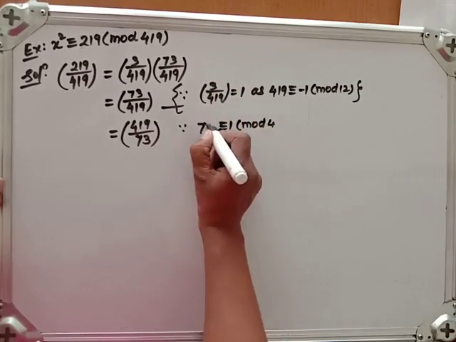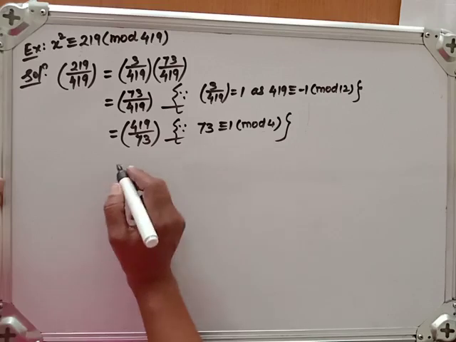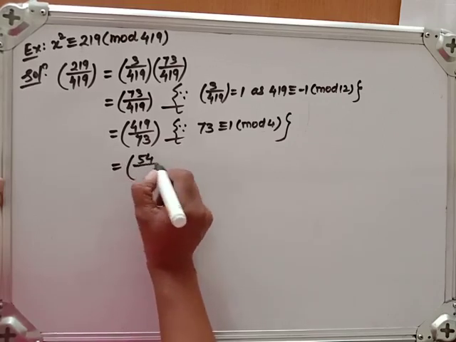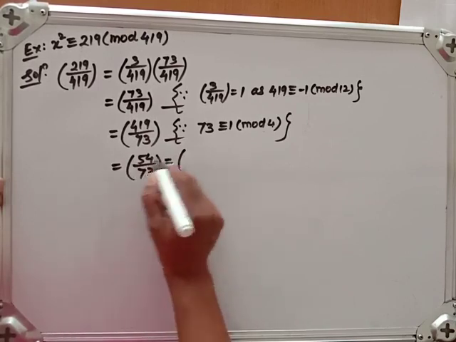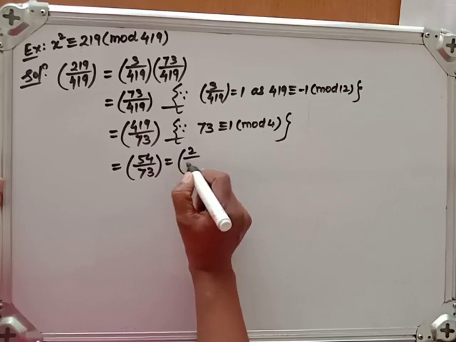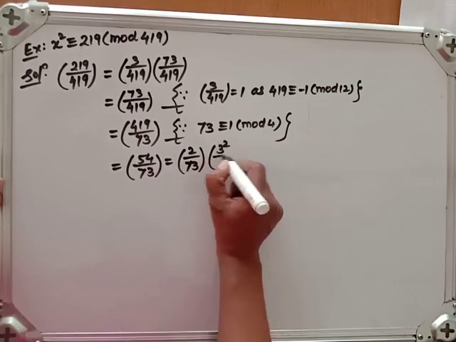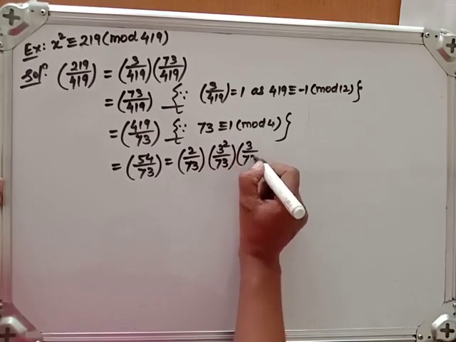Now this is equivalent to 54 by 73. That is equivalent to the Legendre symbol of 2 upon 73 into 3 square upon 73 into 3 upon 73.